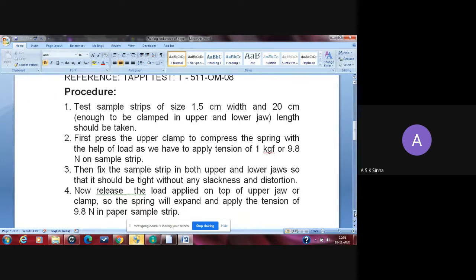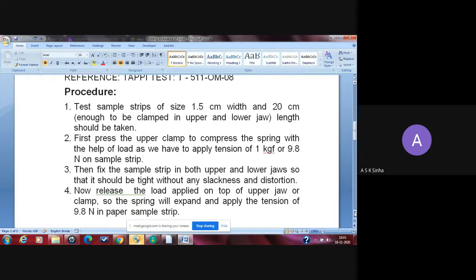If you see the brief procedure of testing the folding endurance, the first step is that the test sample strips are cut with a smooth edge, with a size of 1.5 centimeter width, and the length should generally be 15 to 20 centimeters, so that both the ends can be clamped in the upper and lower jaw of the equipment.